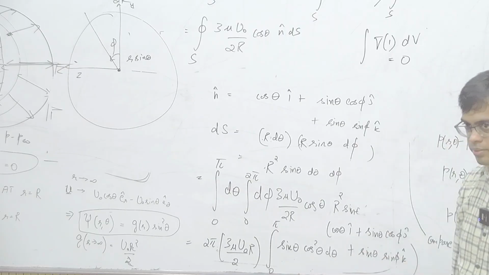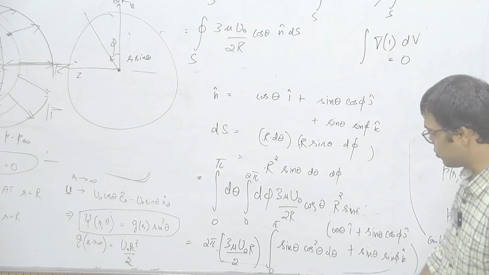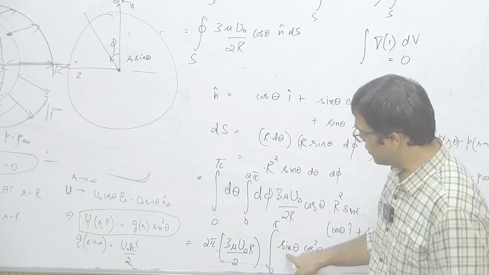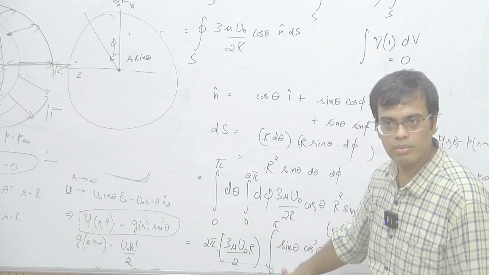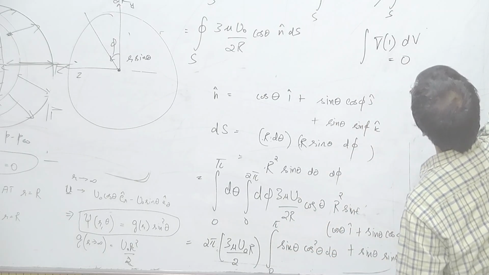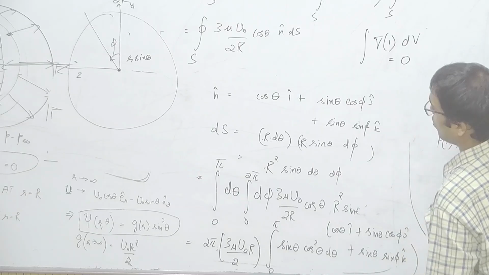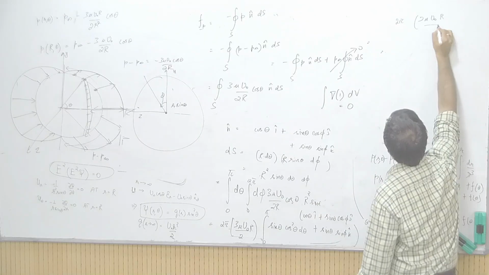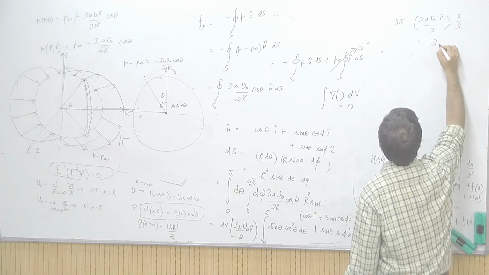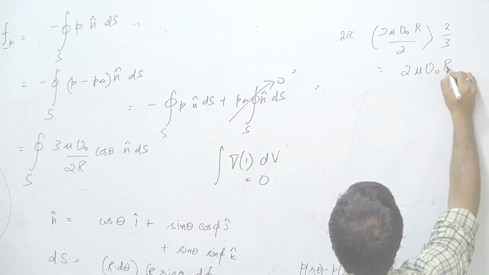So what do we get? 2 by 3, right? This will be minus of minus 1, minus of minus 1 again. So there is a 2 pi times 3 mu u naught r by 2, times 2 by 3, which gives us 2 mu u naught r.